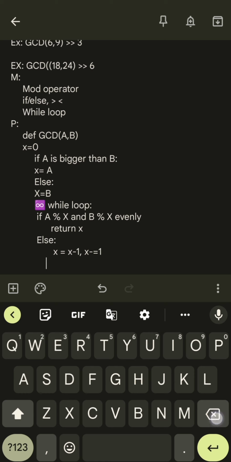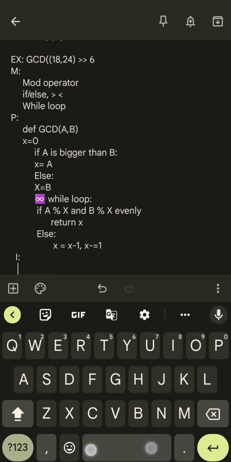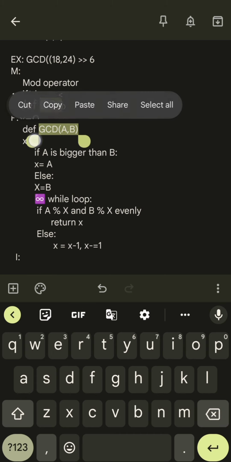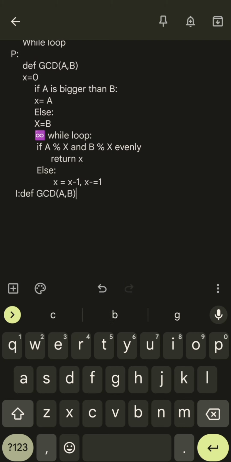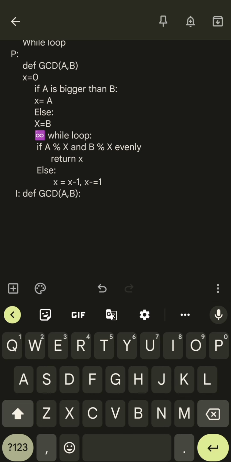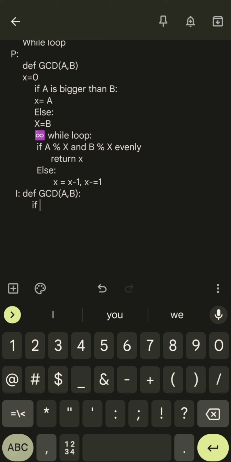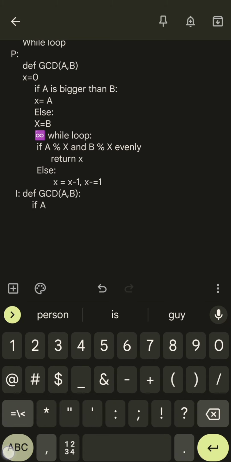So again, we have our def. Actually, I'm just going to go ahead and copy this part. So we're going to have our def, our function, GCD. We got our inputs. We are checking if A is bigger than B. Then in that case, ooh, that's the part where I forgot again.